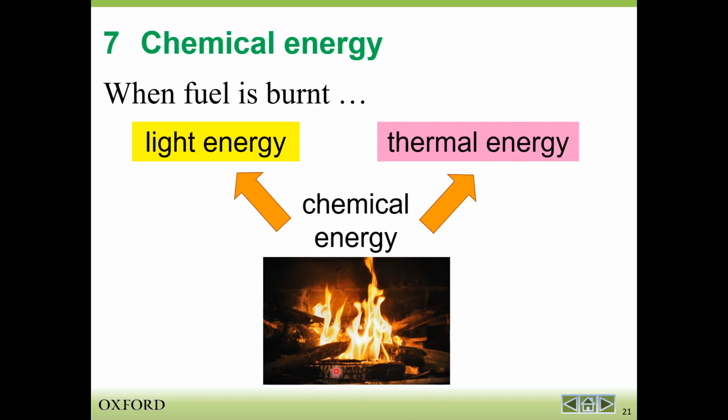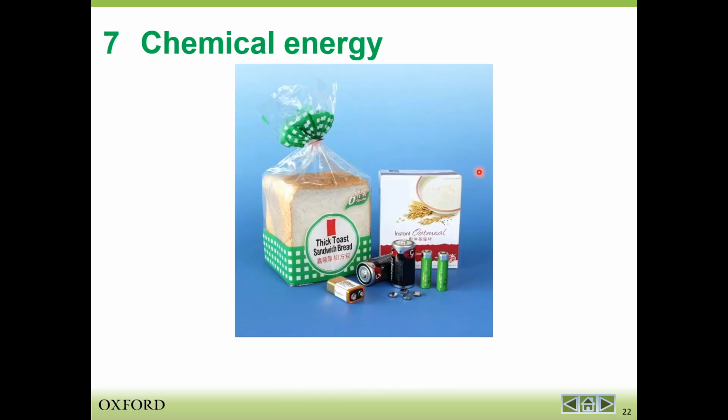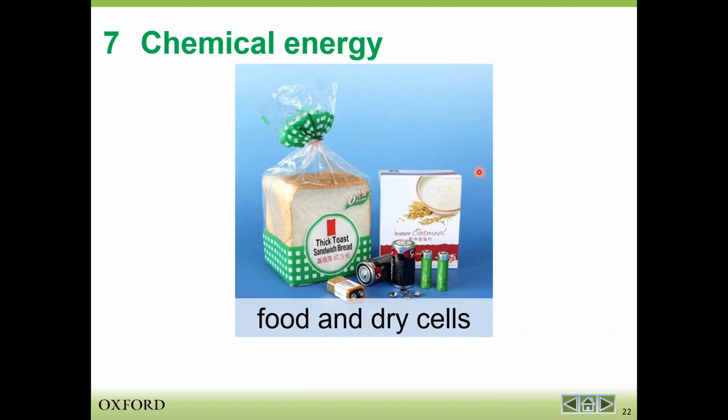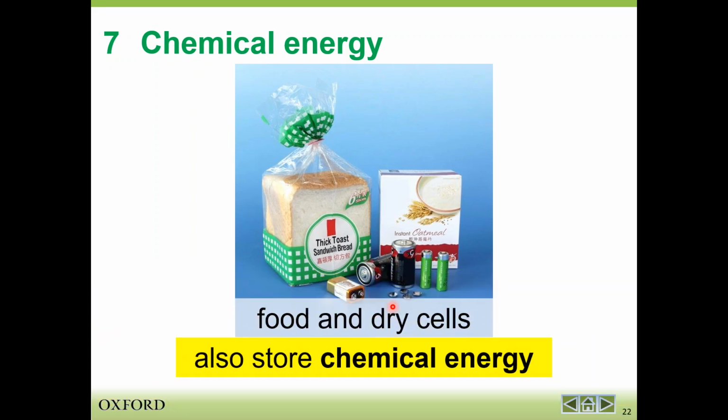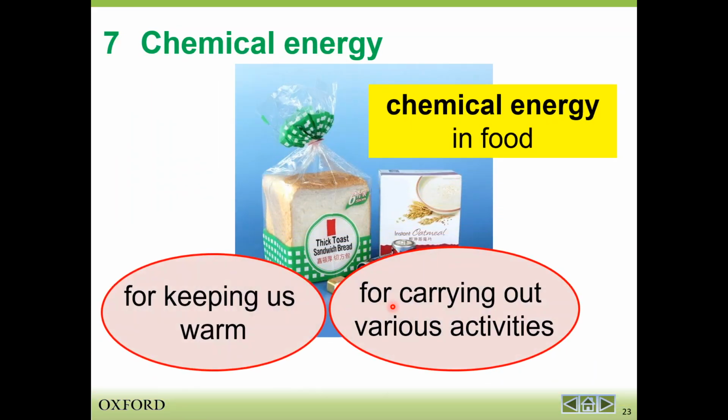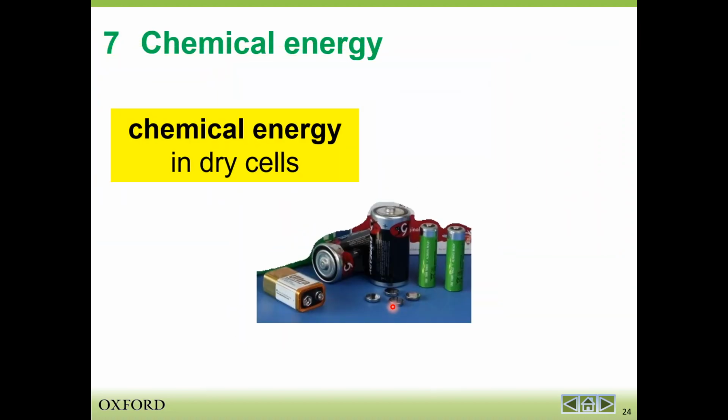For example, when wood is burned, the chemical energy stored in the wood changes to light energy and thermal energy. Food and dry cells also store chemical energy. The chemical energy in the dry cells can be changed to electrical energy for the torch to use.